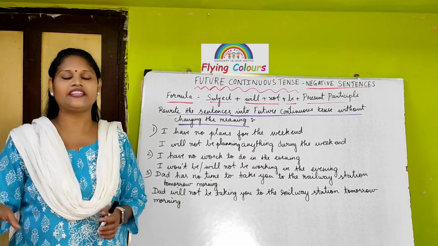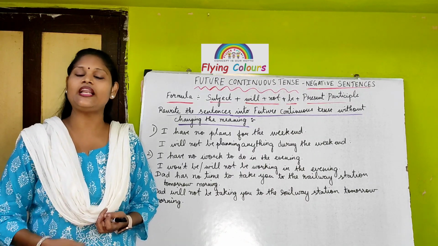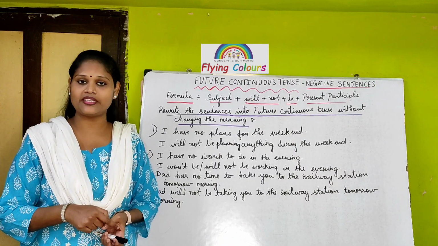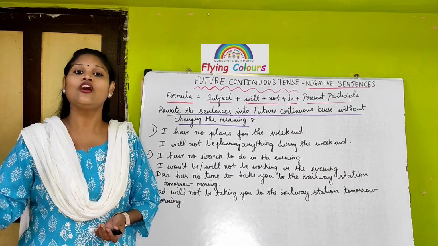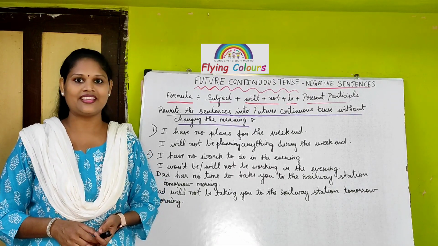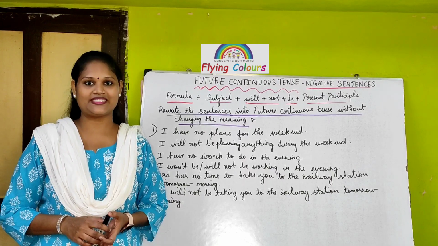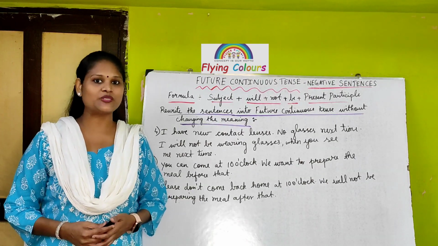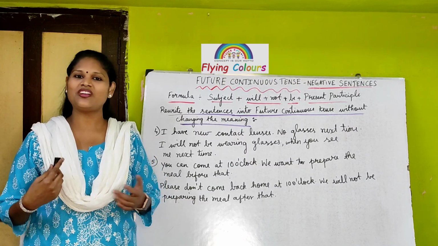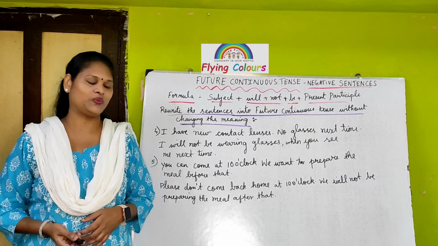You have to write subject plus will plus not plus be plus present participle when you see a future continuous tense negative sentence, right? Let me tell you some more examples. See some examples when you speak negative sentence in future continuous tense. These are all different sentences. Let us try right now.